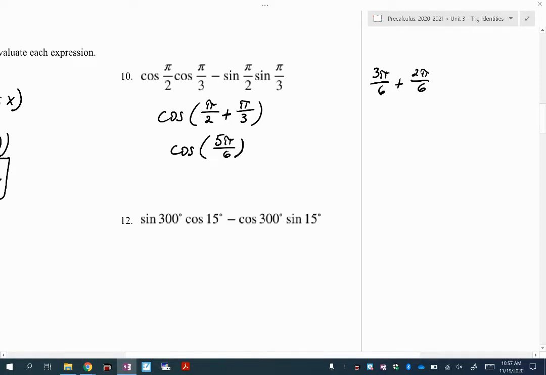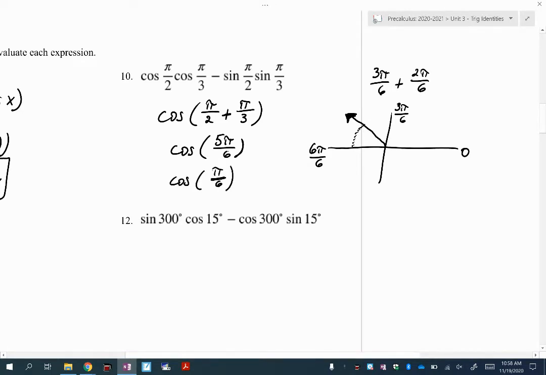That's fine. But I can actually find what the cosine of 5 pi over 6 is. This is 0. This is pi over 2 or 3 pi over 6. This is 6 pi over 6. 5 pi over 6 is in the second quadrant. And the reference angle is pi over 6. So I just need to find the cosine of pi over 6.